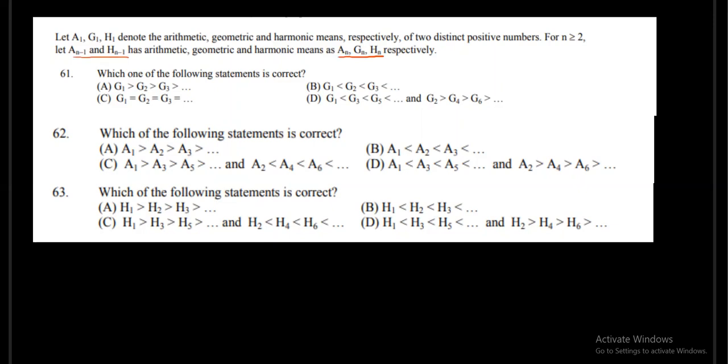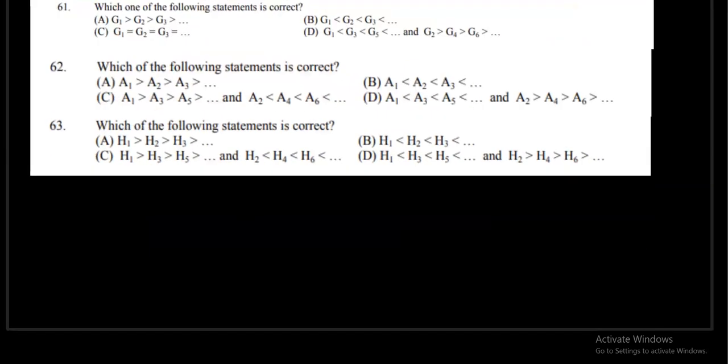First of all, I'm going to share the method in which I will be comparing AM, GM, HM like this. Let the two positive numbers be A and B. Then obviously A1 is going to be (A plus B) by 2.